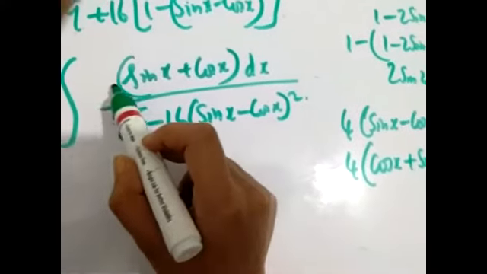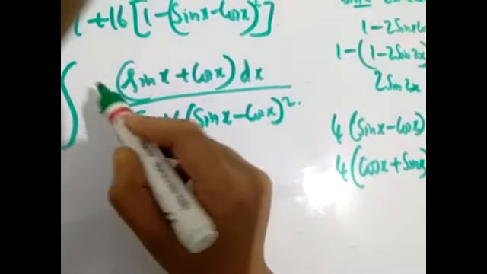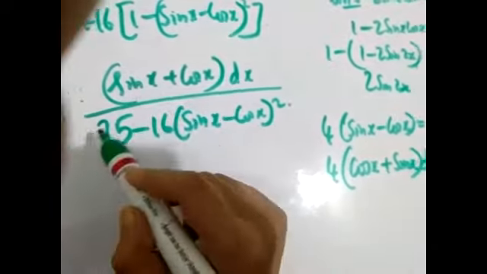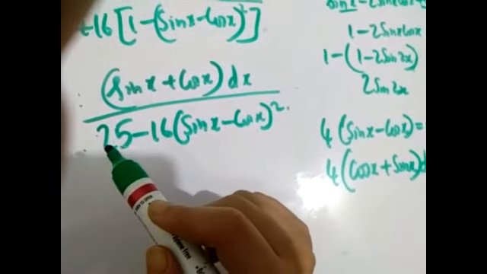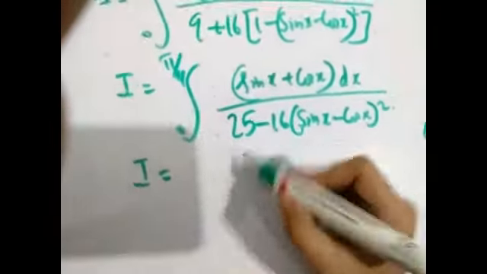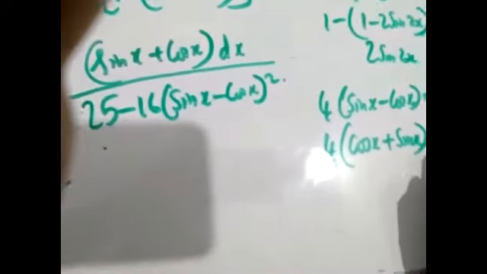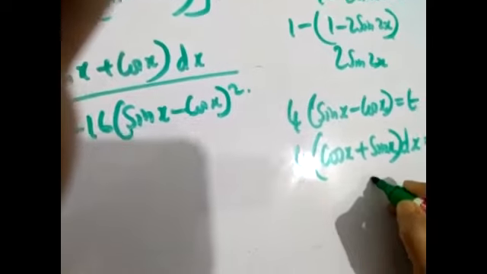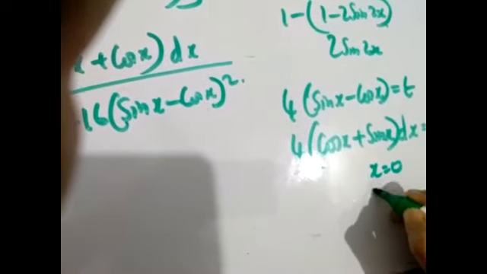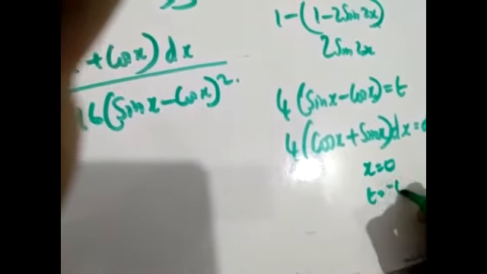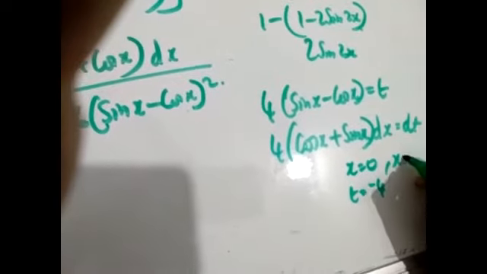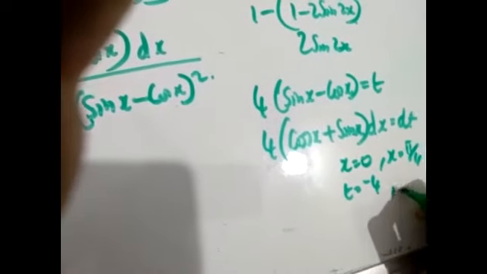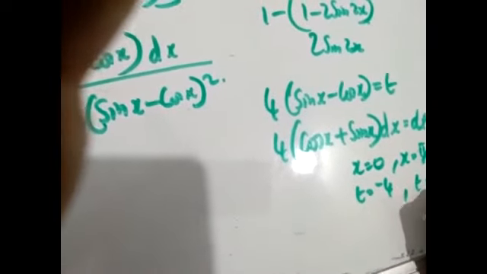So I just have to multiply and divide by 4. Isn't it? So finally, as the limits change, x equal to 0, I will get t equal to minus 4. And when x is equal to pi by 4, I will get t equal to 0.